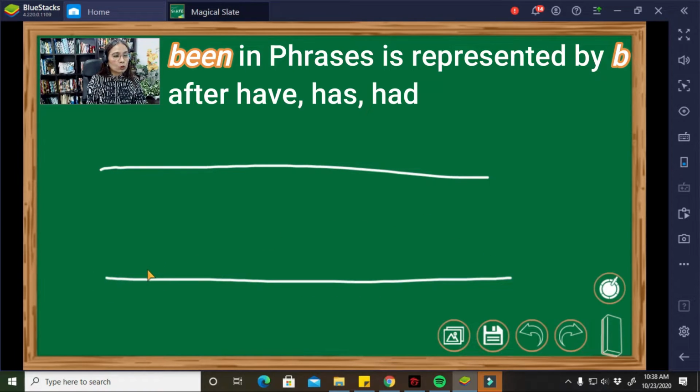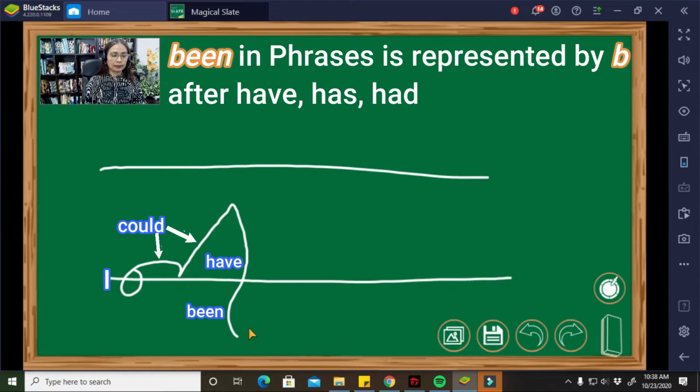Okay. This one is a big circle, and we have a new brief form there that we have discussed in lesson. Alright, so this time this is I could have been. Okay, I could have been. So that is the phrase.